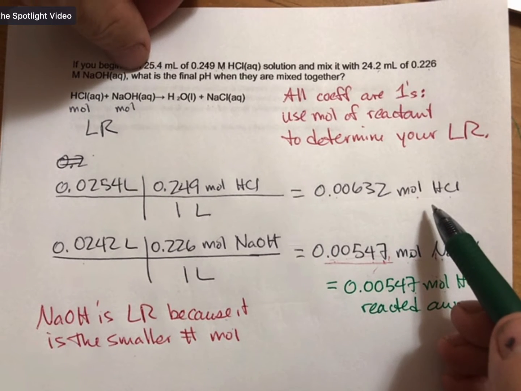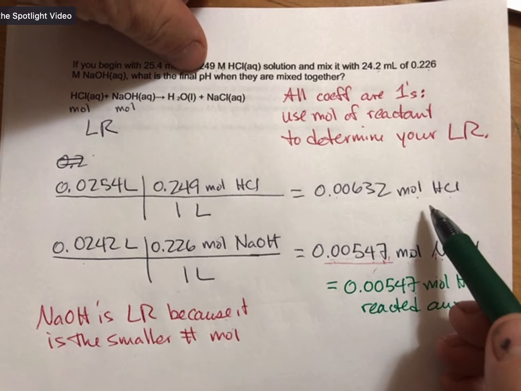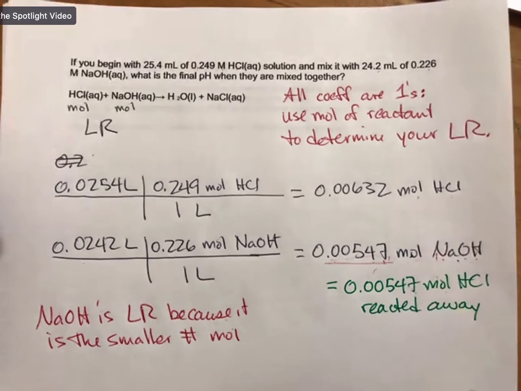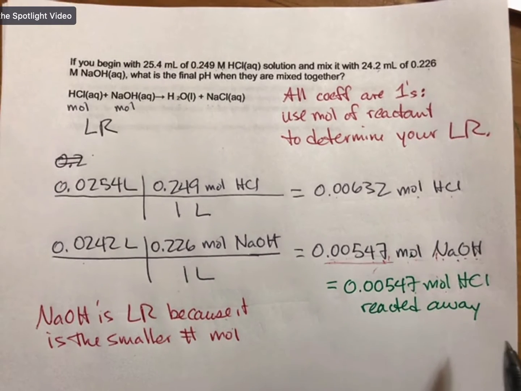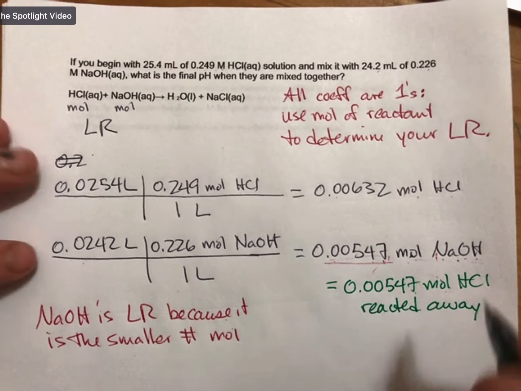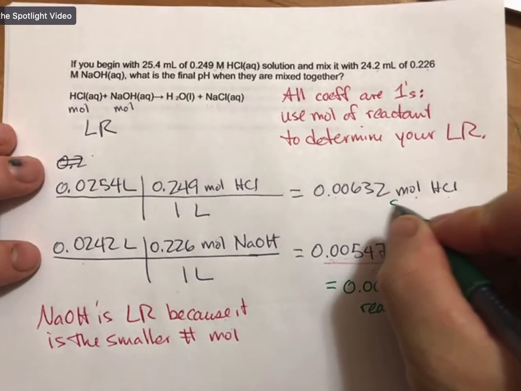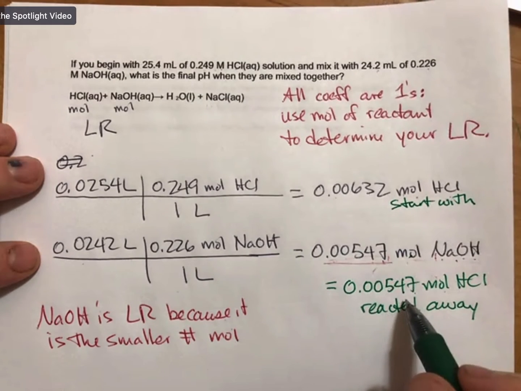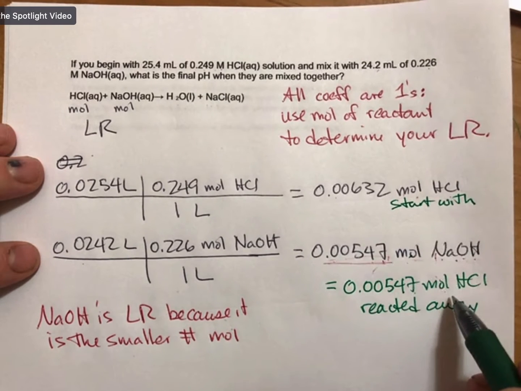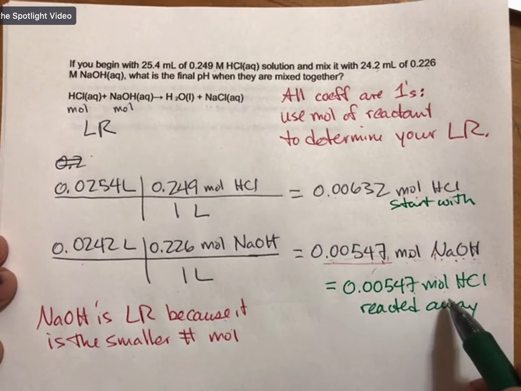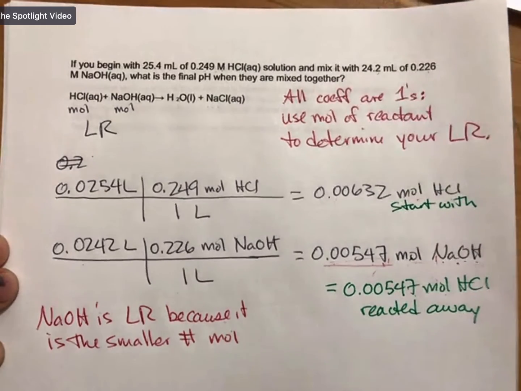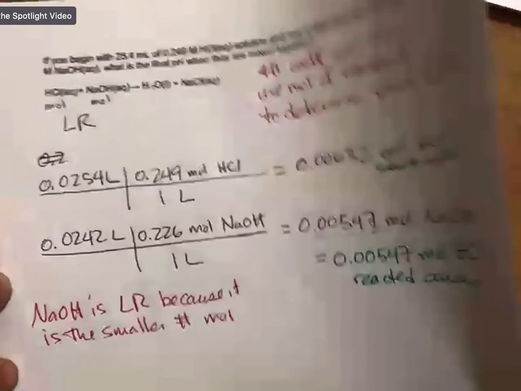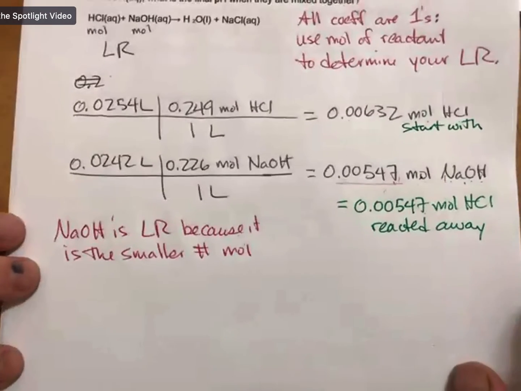Further, if we're going to determine the pH for this solution, we need to find the moles of HCl that are left over. We know the moles of HCl that we start with. We know the moles of hydrochloric acid that are reacted away. So the next thing we're going to do is find the moles of HCl left over, which is just subtracted.